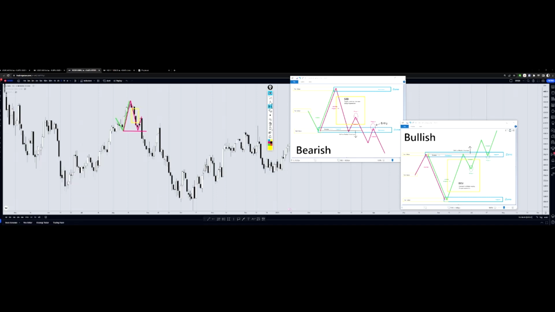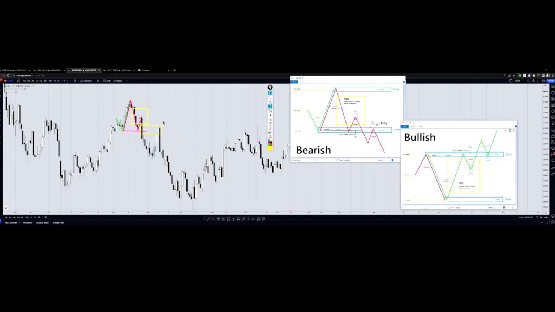Now on this particular block of stuff, I call this the SIBI, which is what Michael refers to in ICT, and you have a fair value gap just by here, and this is the ICT 2022 entry point, where you have a fair value gap and a pullback.